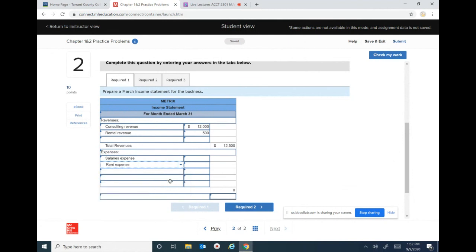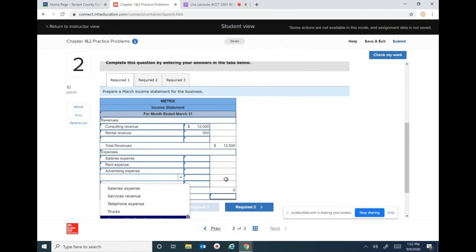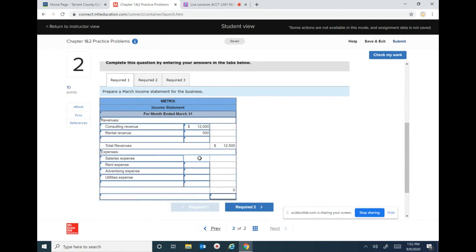After rent expense, I'll show advertising expense. After that, I'm going to show utilities expense. I think those are all the expenses that the company incurred. Where is utilities? There it is. Okay, so we have $3,000 here.